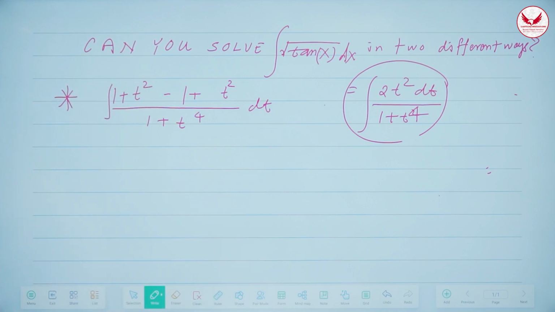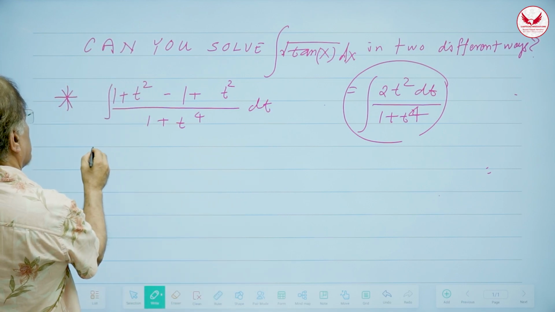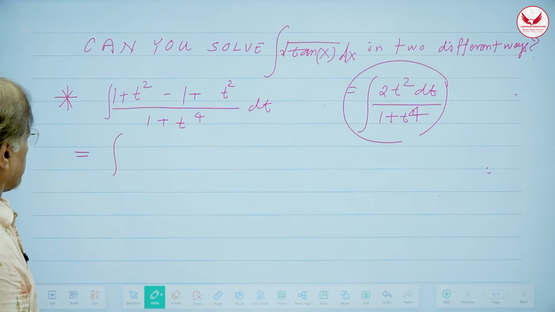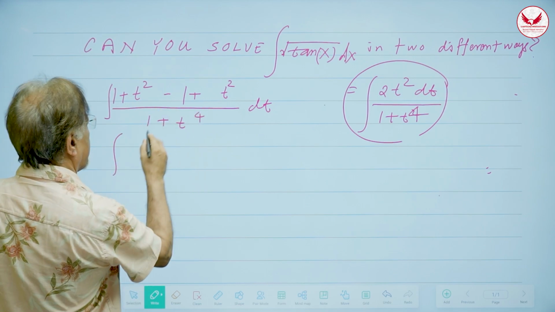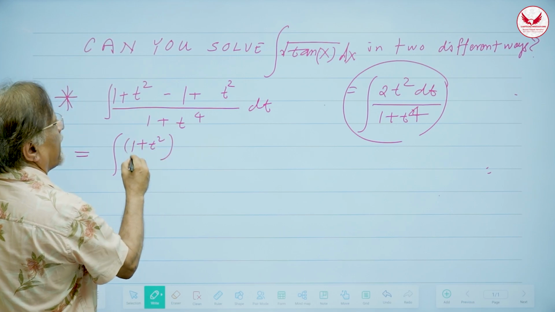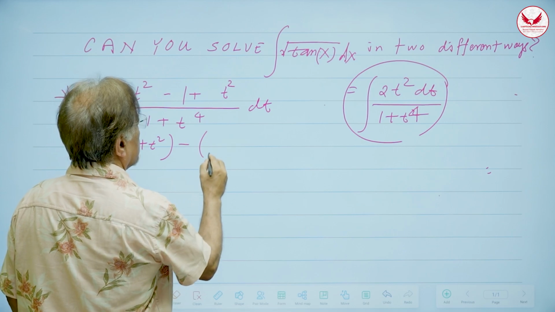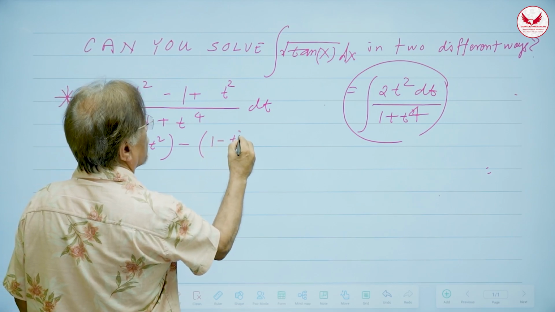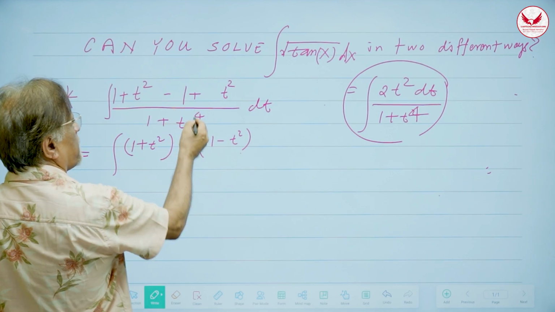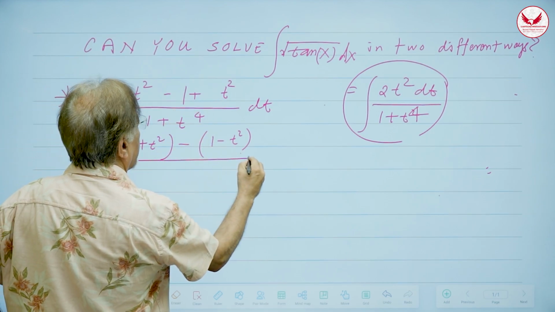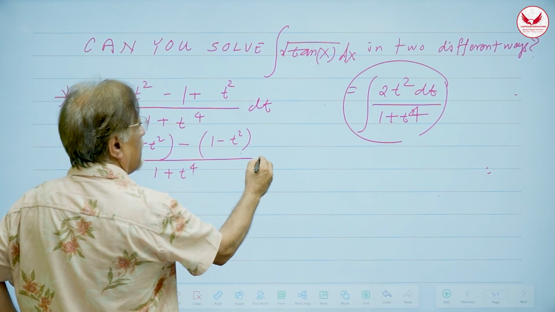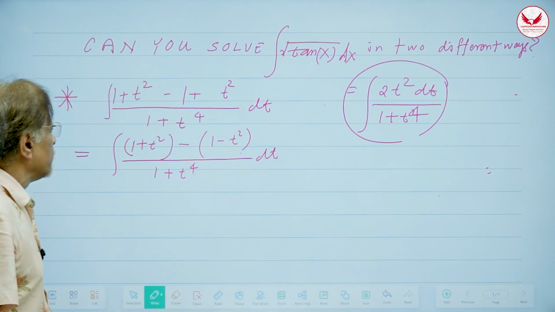Now this ingenious addition in this problem will make it very interesting. I'm going to put a bracket around the last two terms. That means 1 plus t square in one bracket, minus the bracket that will contain 1 minus t square. Because I have taken the minus sign common, this plus sign will become minus. Now I have two terms here, and the problem is reduced to this.